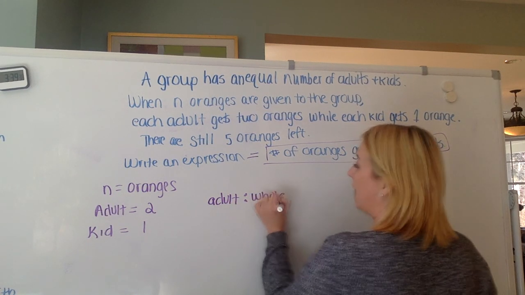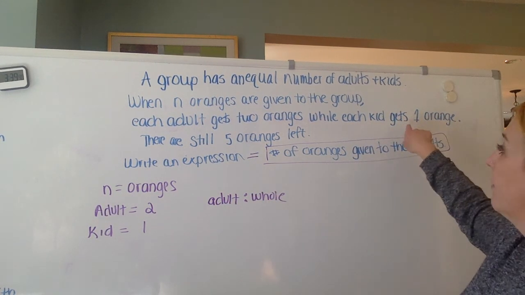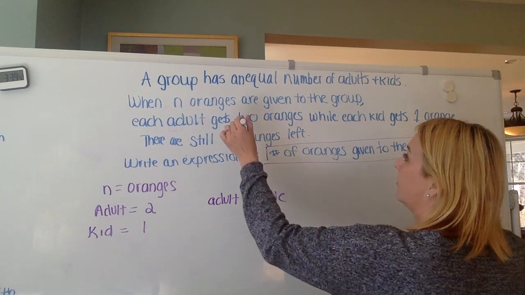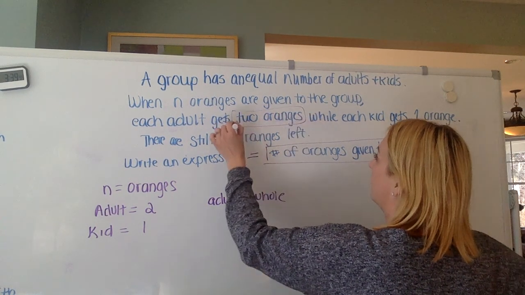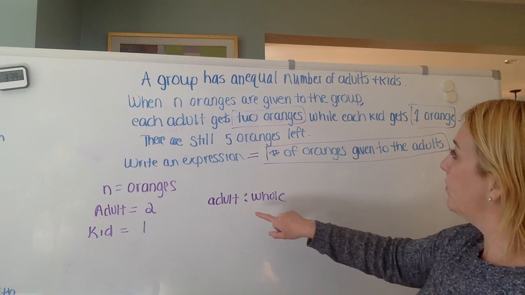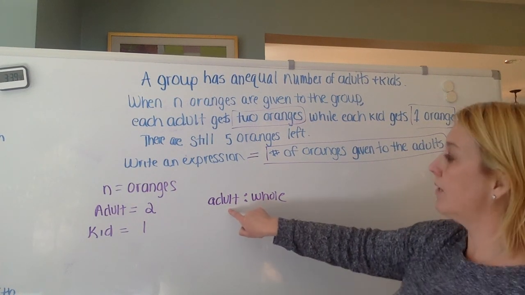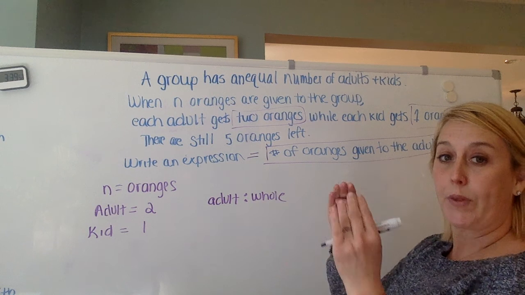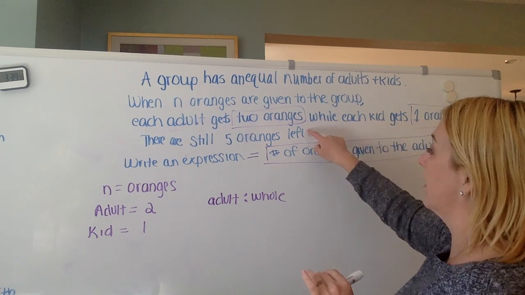Because we're looking at how many the adult gets out of the whole amount. So we have that the adult gets 2 oranges and a kid would get 1 orange. So what's the relationship there? How many does an adult get out of the whole amount of oranges that are being given?